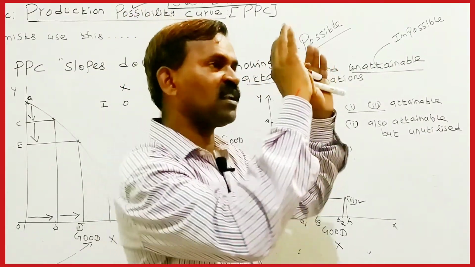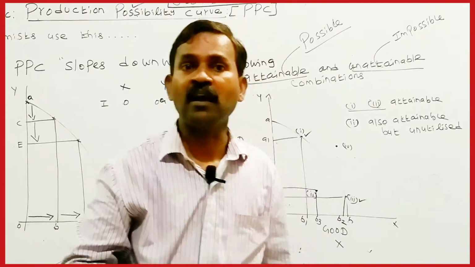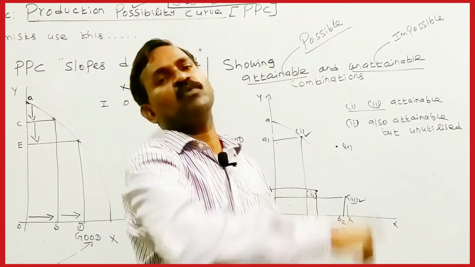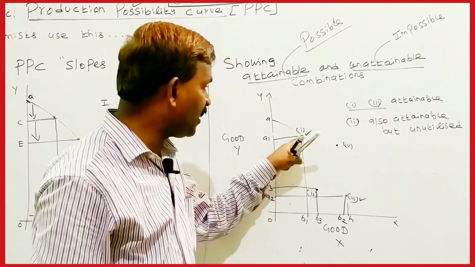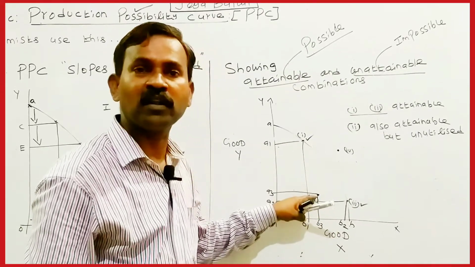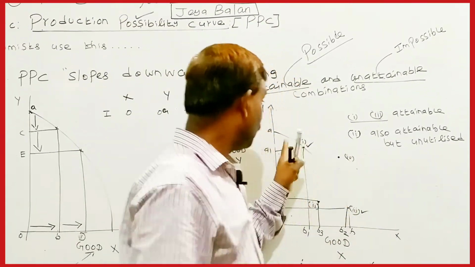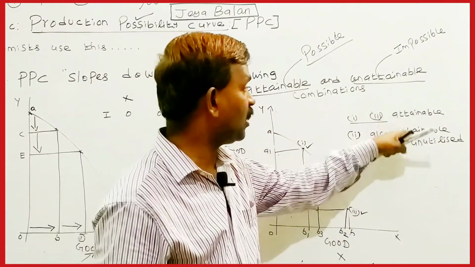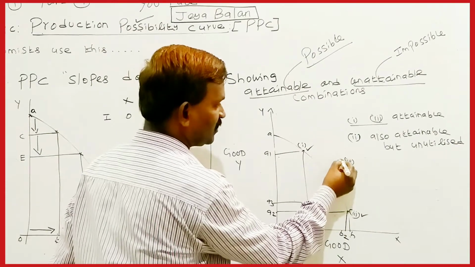Whatever the resources which are available, all the resources are not fully utilized and also not efficiently utilized. So that is the only difference between the point plotted anywhere on PPC and a point plotted inside the PPC. Okay, but what is the common thing in both? Both are attainable combinations.